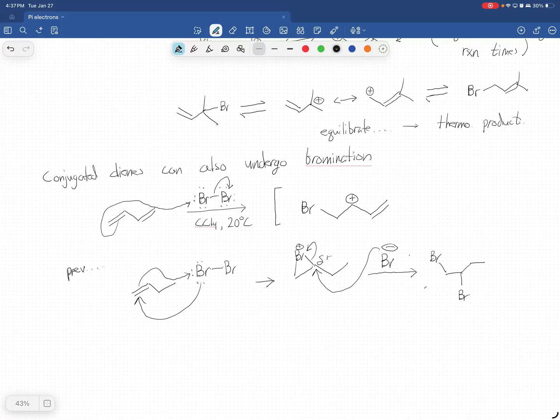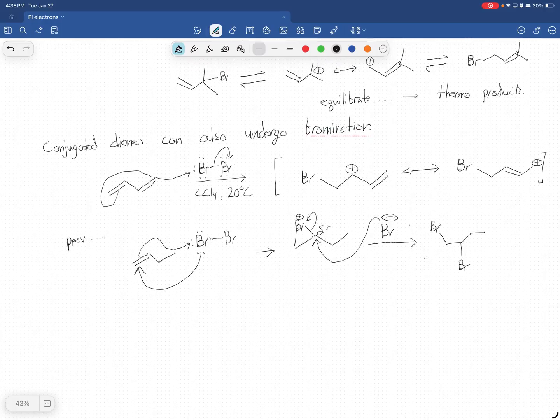So we get this intermediate, which can have a resonance structure now. Previously we would have had the bromonium intermediate, but when we have a diene, that doesn't happen.